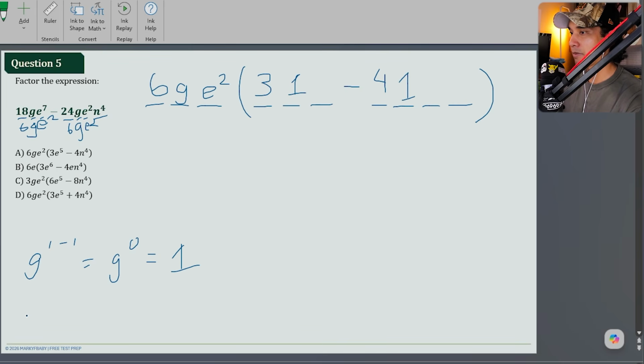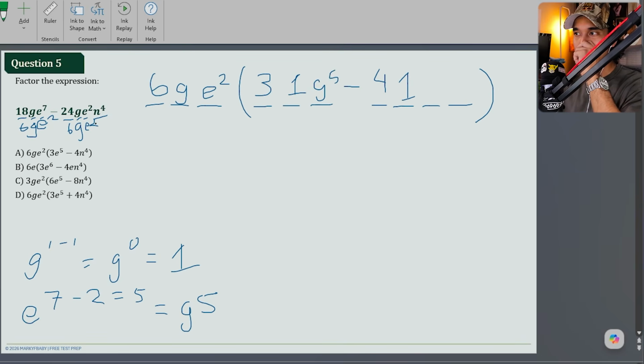Well, if you remember, it's 7 minus 2, that equals 5. And then that equals e to the 5th power. And then we have g to the 5th power over here. And then e squared divided by e squared equals 1.